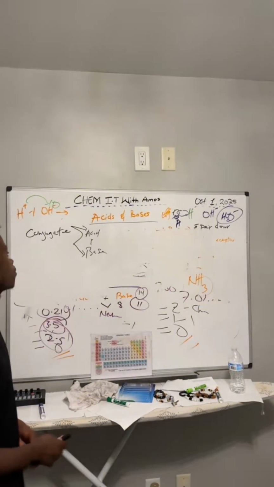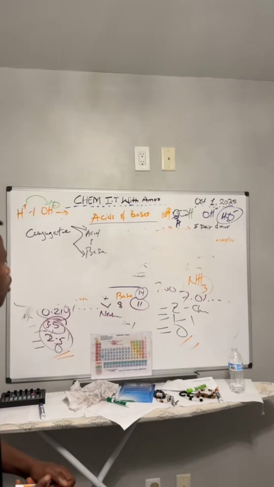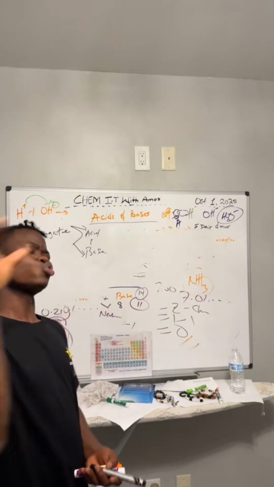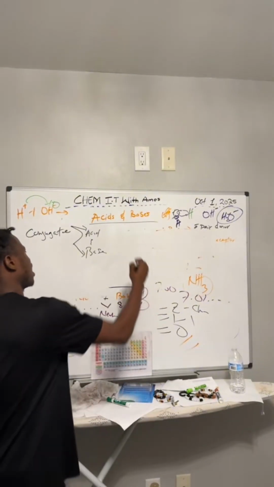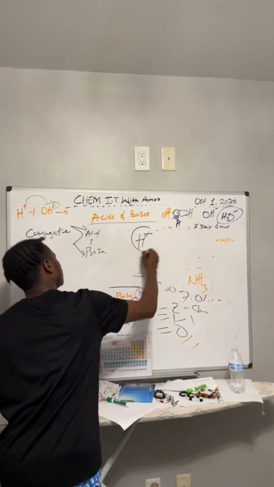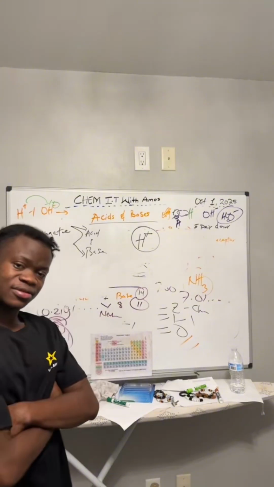When an acid donates or loses a hydrogen ion, it forms a conjugate base.